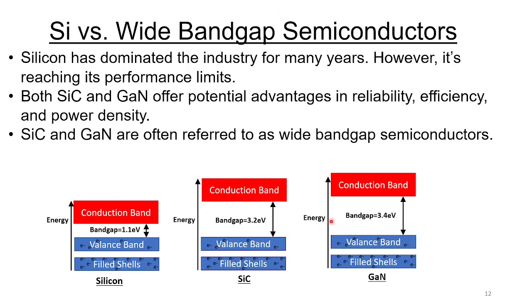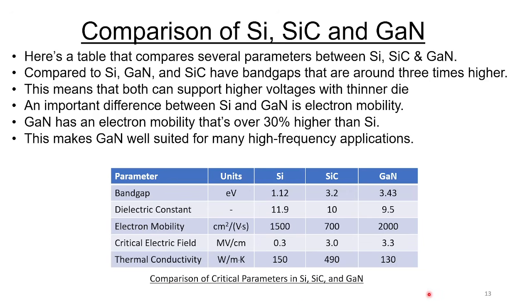So these are still semiconductors, they're just wide band gap semiconductors. So here's a table that compares several parameters between silicon, silicon carbide, and gallium nitride. Compared to silicon, gallium nitride and silicon carbide have band gaps that are around 3 times higher, as mentioned before.